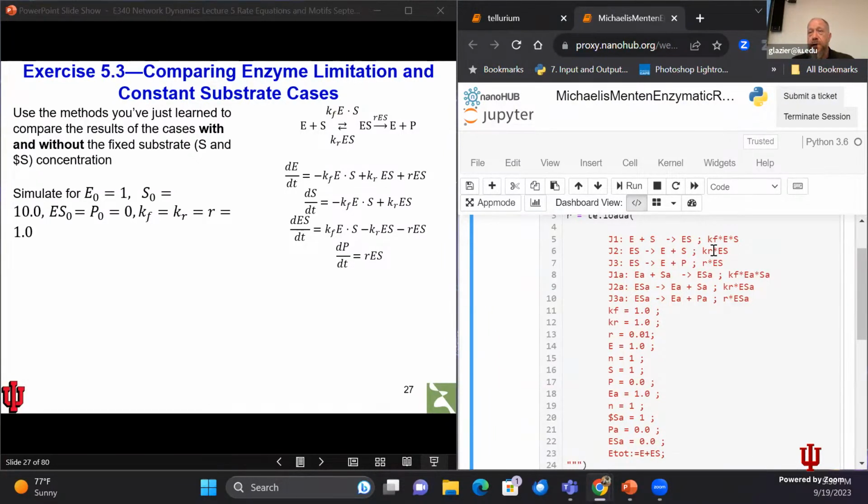Uri Alon also has a textbook, but not the one I shared with you. Mike Elowitz at Caltech has some nice circuits about compensation and some other kinds of molecular circuits.